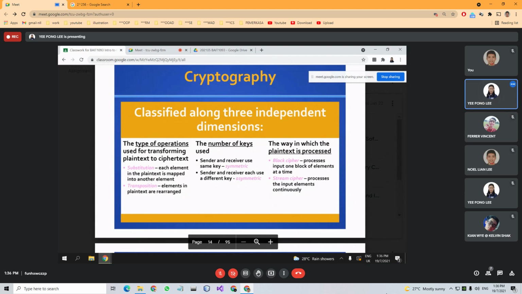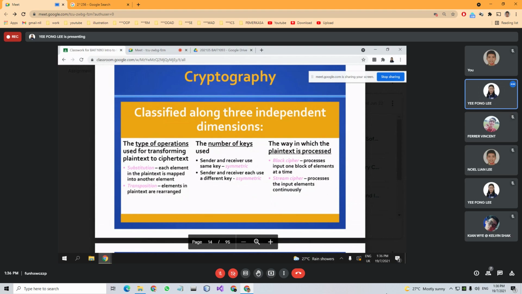That's called transposition. All the elements in the plain text are rearranged. Number 2, the number of keys used can be symmetric or asymmetric. Symmetric uses the same key, asymmetric uses different keys.